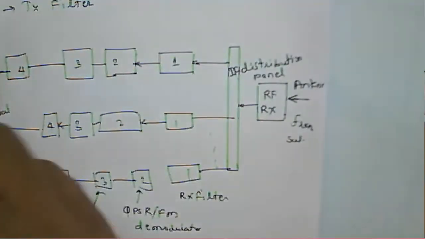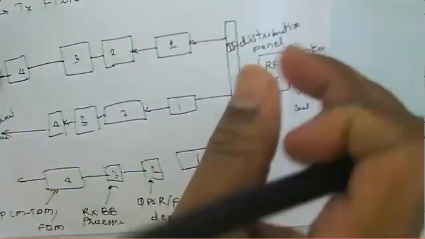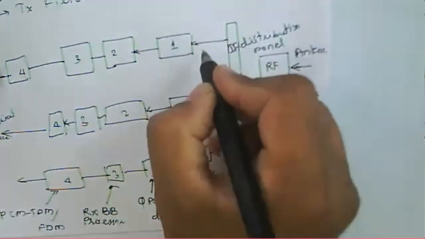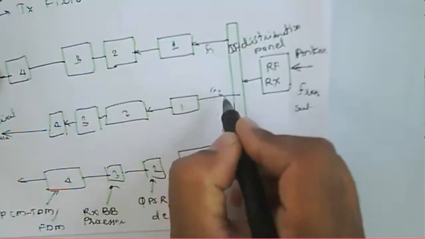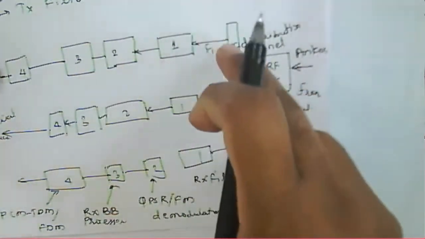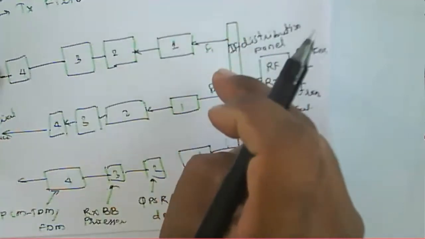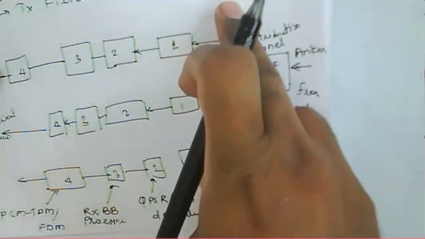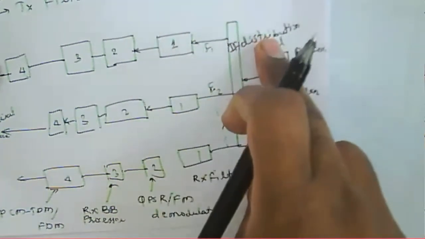So we can say that if F1 to Fn are the carriers, then there will be alteration of this particular carrier, or that flexibility is there in the transmitter as well as in the receiver.